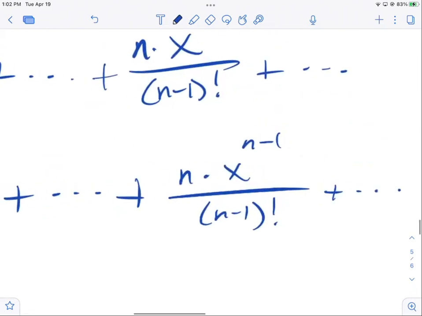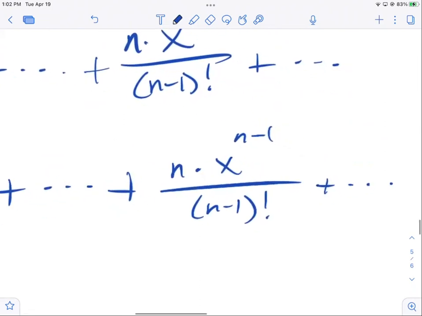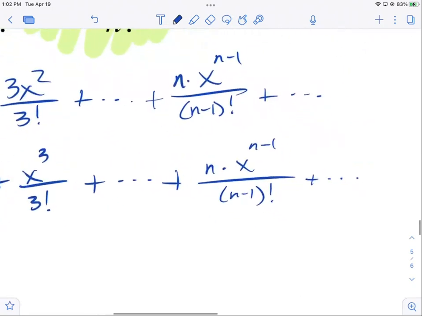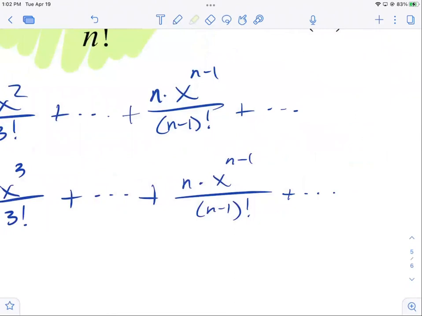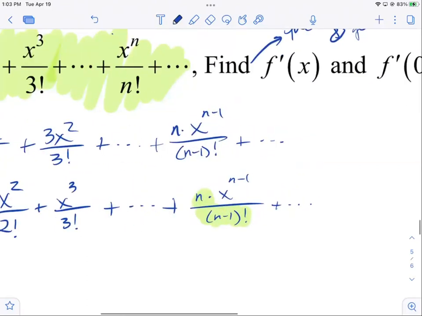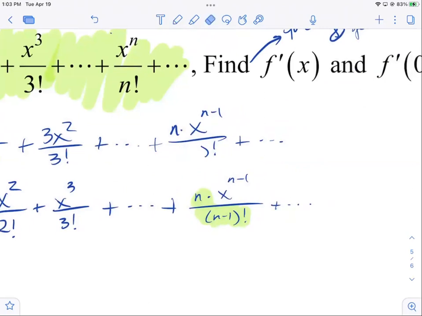Now, could I leave the nth term like that? I could, right? But I could also simplify n over n minus 1 factorial to be just what? I'm sorry, this should still be n factorial down here. I was taking the derivative with respect to x. I'm glad I did that.